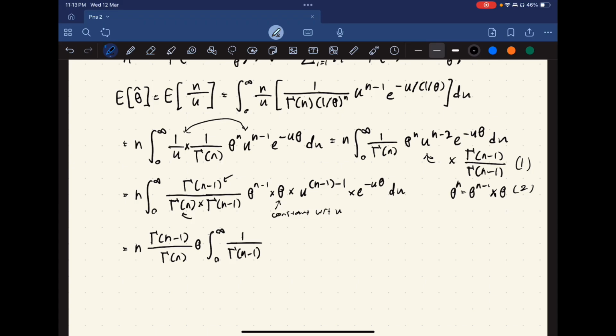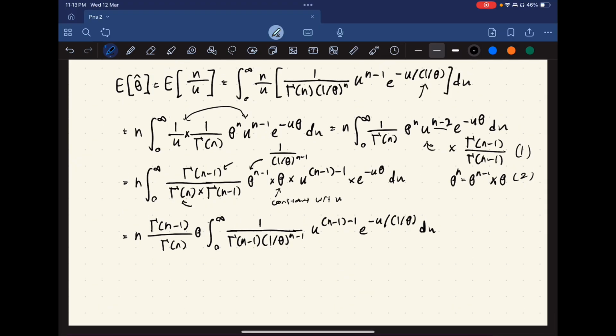And for this theta here, let's write it as 1 over theta^(n-1), followed by u^((n-1)-1), since it's originally n minus 2 here, e^(-u/theta), as we rewrote it earlier, du.